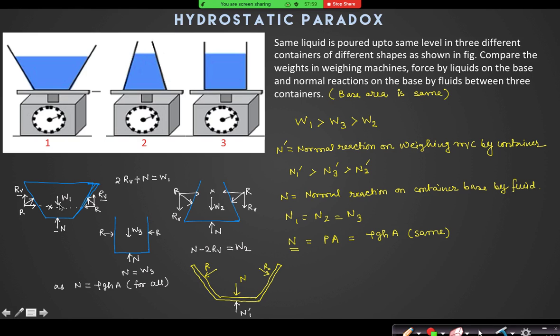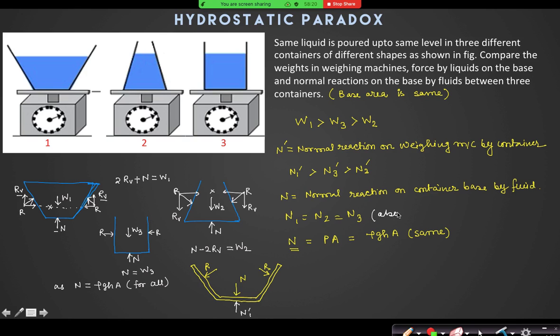That is why it is the same for everyone. And if I ask you what is the force by the liquid on the base, it is the same also. The force by the liquid is nothing but the normal reaction. Everywhere they are the same.